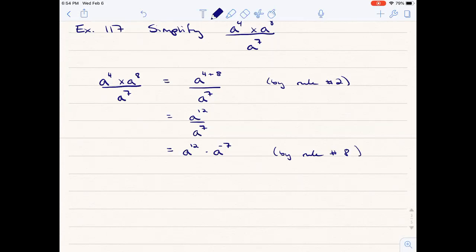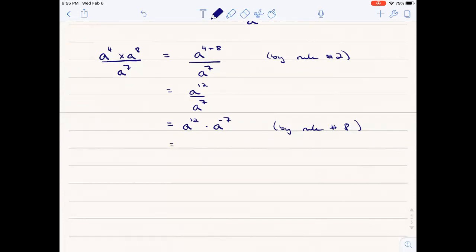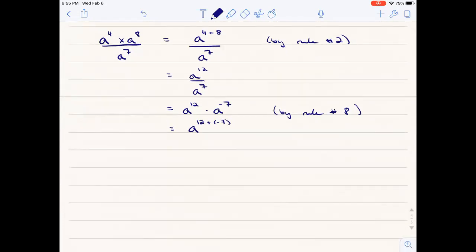So then, now again, we have 2 a's, so we can condense those by adding the powers. Right? So we have a to the power of 12 plus negative 7. This is by rule number 2. So this becomes a to the power of 5.